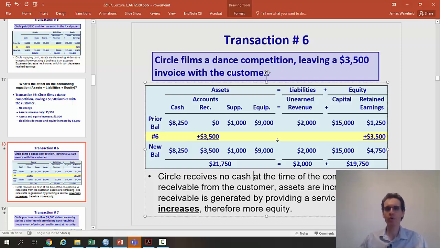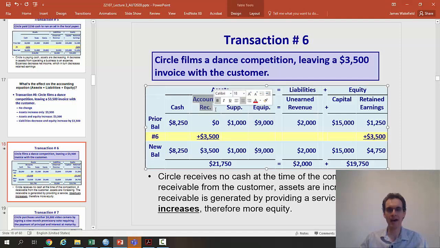They owe us $3,500. So what we call this is an account receivable. We have an account that is receivable in the form of cash from a customer. So therefore, the asset side of the equation increases by $3,500. Now, we have met our obligations to the customer. We have delivered the service we promised, and so therefore we have earned the revenue.